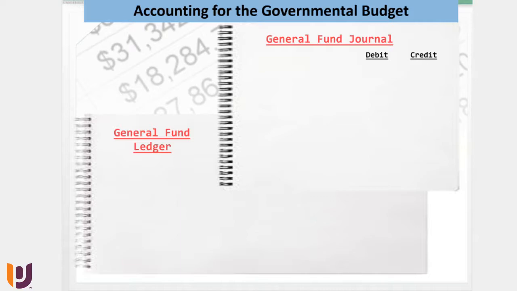Unlike generally accepted accounting principles, in government accounting, the budget is recorded in the general ledger. This is a major difference between governmental accounting and generally accepted accounting principles. The government accounting standards require that each government entity should have a budget. The accounting system should provide budgetary control.